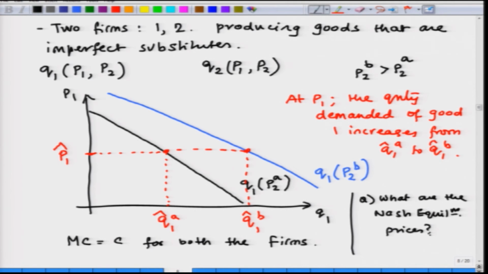To get the Nash equilibrium prices, as before, we will write down the best response functions. We will write down the profit function of firm 1, figure out the best response for firm 1 to each choice of firm 2's price. We will do the same thing for firm 2, and then figure out P1 star and P2 star.